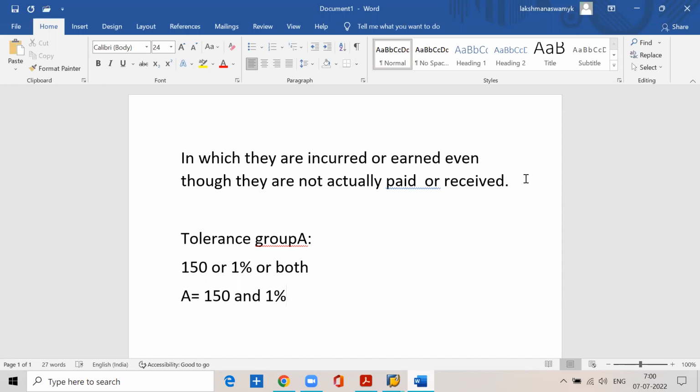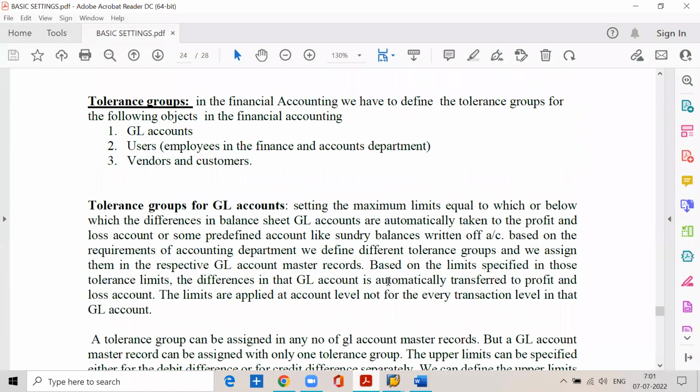We have defined the upper limit in two terms: absolute terms 150 and percentages 1%. So when you define both the terms, the system will consider the lower of the two as the upper limit. Means 150 and what is 1%? The system will apply 1% on the total of the account.